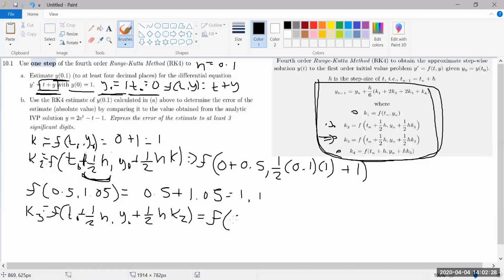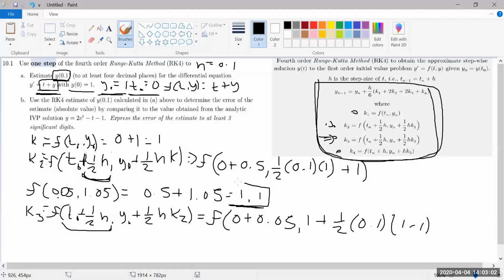So our function evaluated at 0 plus 0.05, because it's half of our 0.1 up here, and then we have 1 plus 1/2 times our 0.1 times our k2, which is 1.1, because we determined that up here.